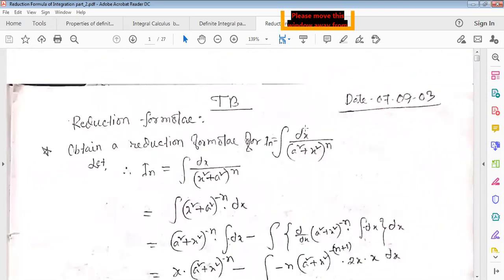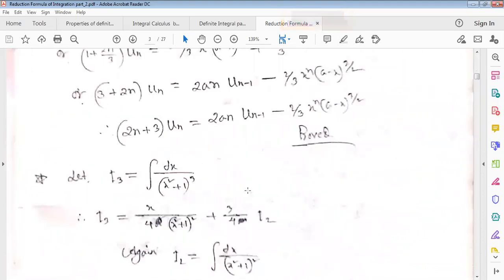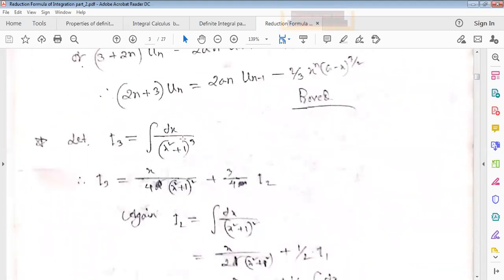In equals to the integration of dx over a square plus x square whole to the power n. But if a equals to 1 and n equals to 3, if a equals to 1, x square plus 1, then n equals to 3, this is the integration, then we can get I3.